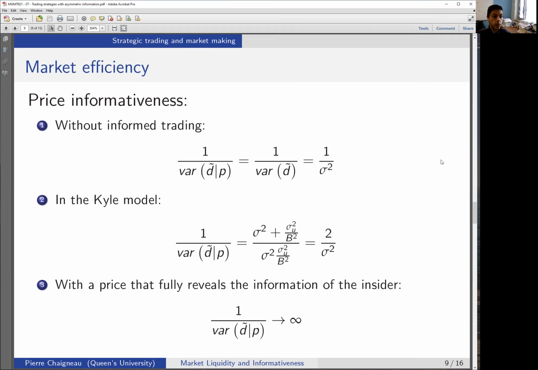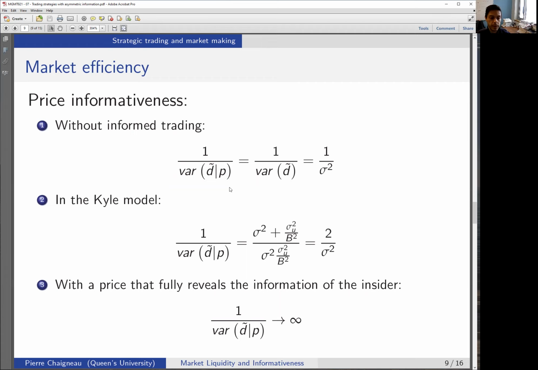What else are we interested in? We can be interested in market efficiency. And so how are markets reflecting the information that we have in this model? And so this can be measured, as in the Grossman-Stiglitz model, by this measure, which is an inverse measure of the residual uncertainty.